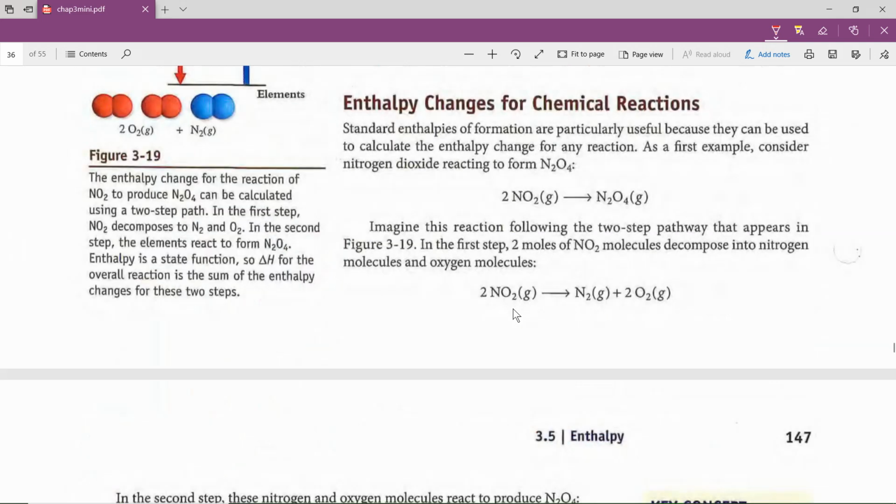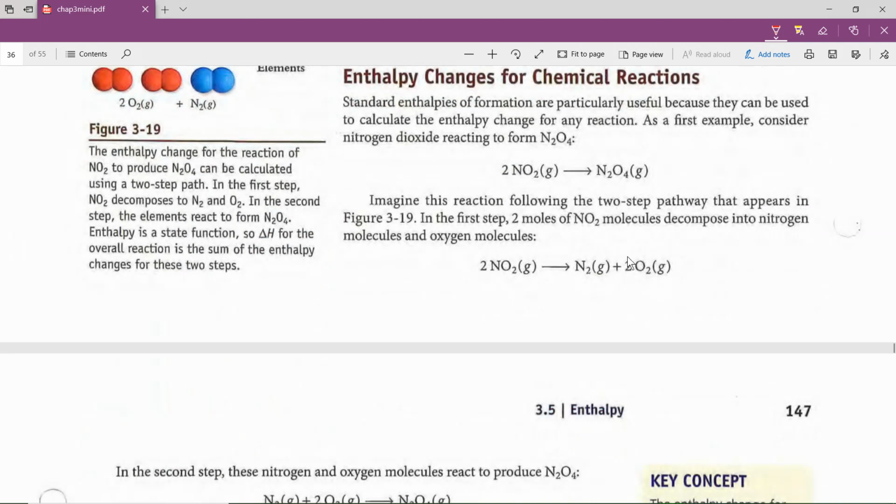Now, having a standard enthalpy of formation is useful because it can be used to calculate the enthalpy change for any kind of reaction, not just a formation reaction. As an example, consider this reaction here. 2NO2 goes to N2O4. This is not a heat of formation reaction, right? Because even though I just have 1 mole of product on the right-hand side, I have compounds on the left-hand side, not individual elements or elemental molecules.